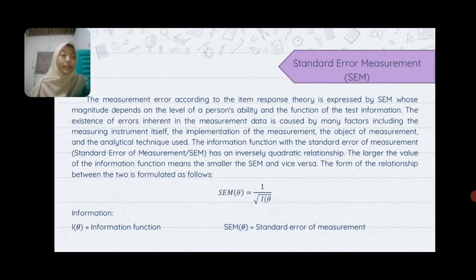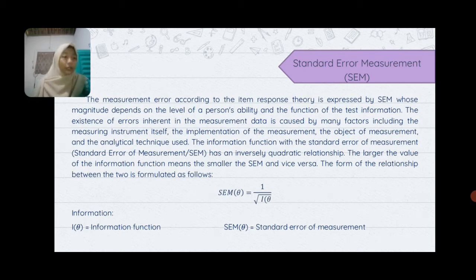Okay, next aspect is standard error of measurement, or SEM. The measurement error, according to item response theory, is expressed by SEM, whose magnitude depends on the level of a person's ability and the test information function. The error inherent in measurement data is caused by many factors, including the measuring instrument itself, the implementation of the measurement, the object of measurement, and the analytical technique used.